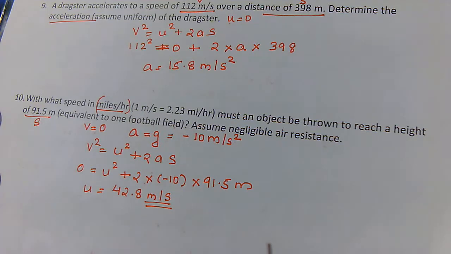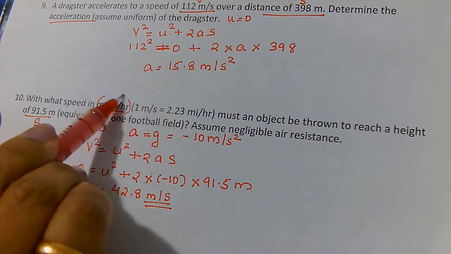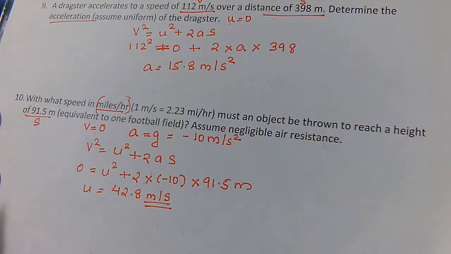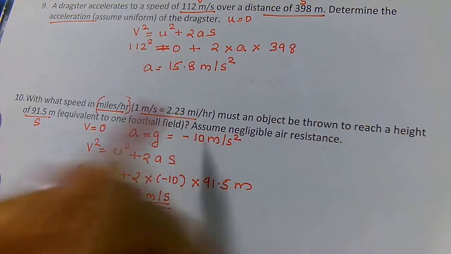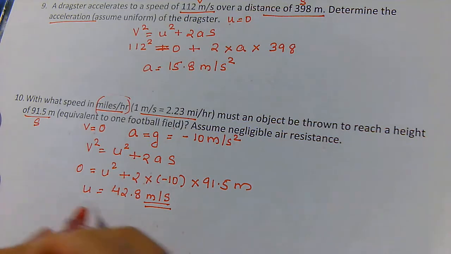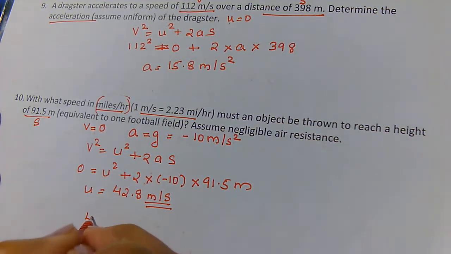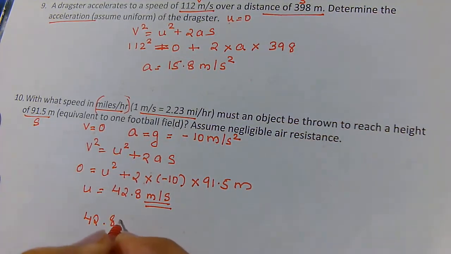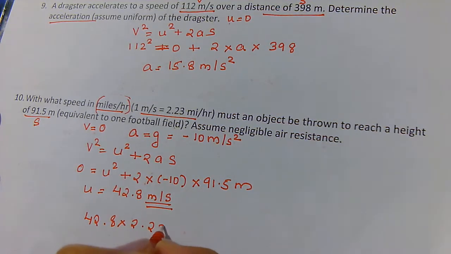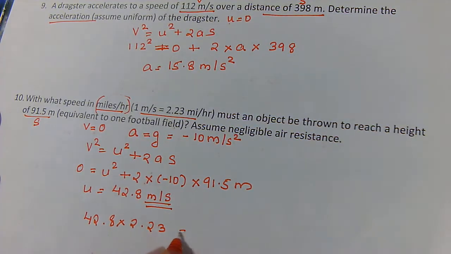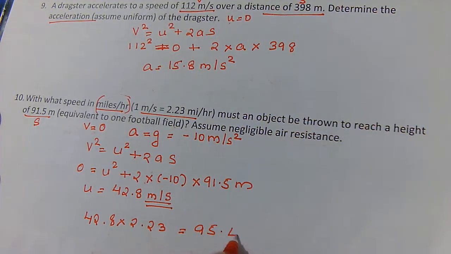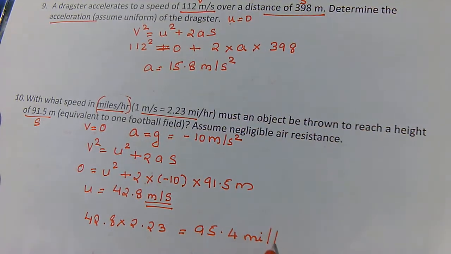Our question is not done. Our final answer should be in miles per hour. So 1 meter per second is 2.23 miles per hour. So this should be 42.8 times 2.23, which is 95.4 miles per hour.